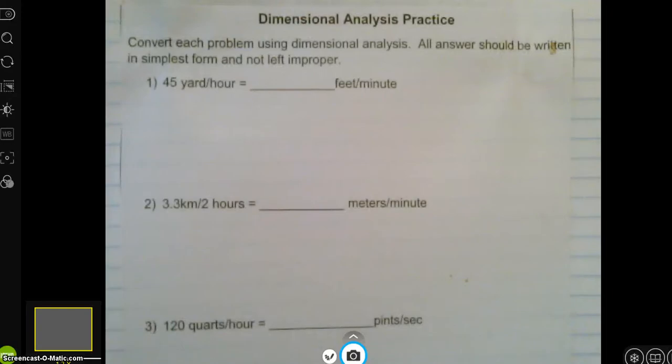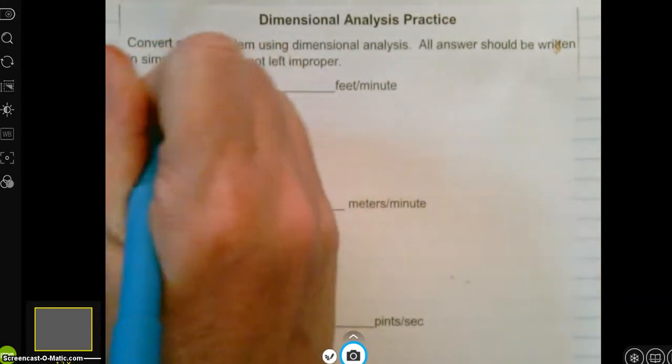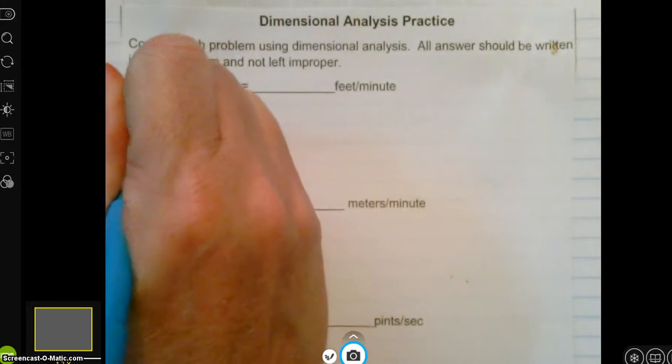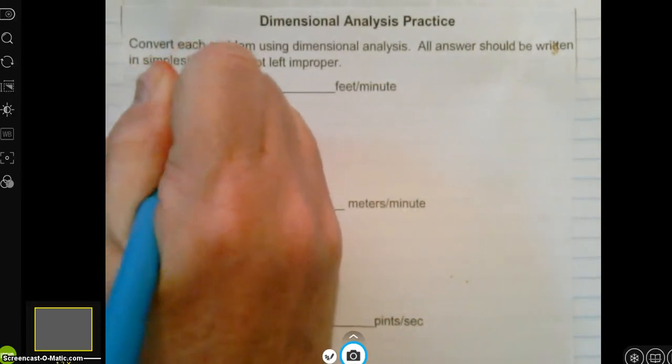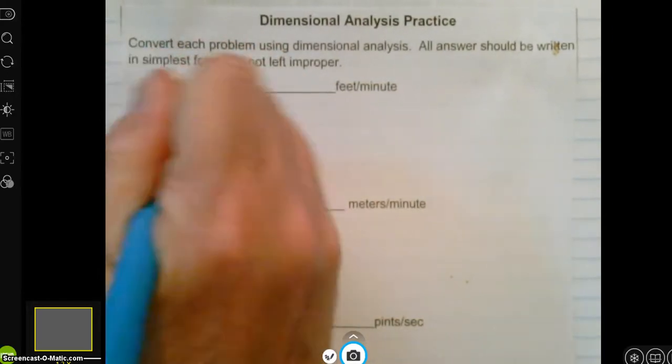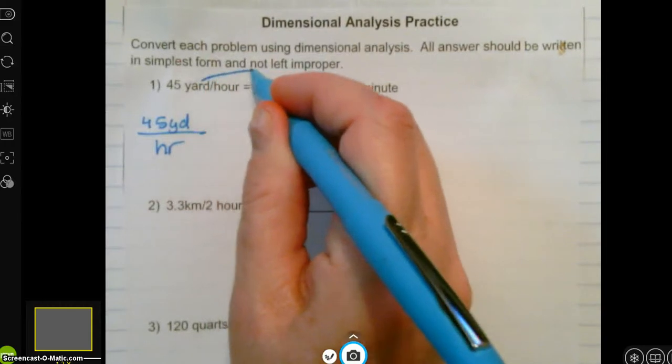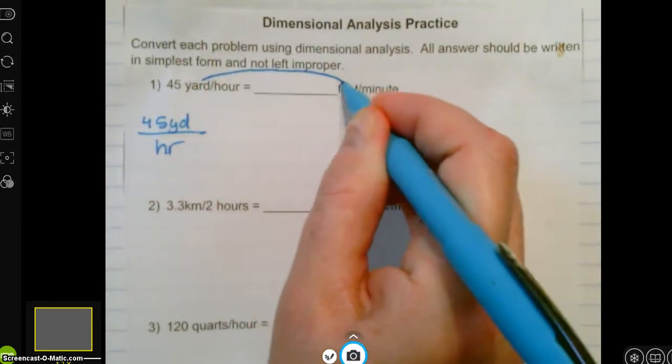Okay? So remember, whenever we're using dimensional analysis, that is our process. Okay? So our process to convert. So whenever we start, remember you start with what you're given. I'm given 45 yards per hour, okay? And then remember we draw what we are converting to.